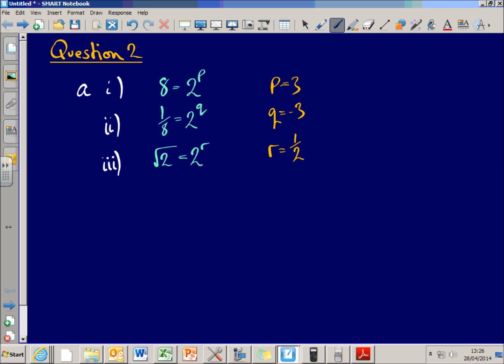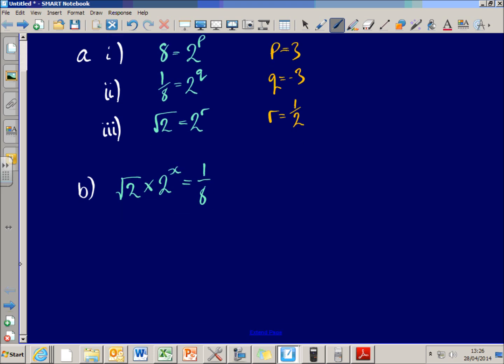So the next part then says, now you've done that, find the value of x when root 2 multiplied by 2 to the power of x equals an 8th. Can someone talk me through how to do that, please?